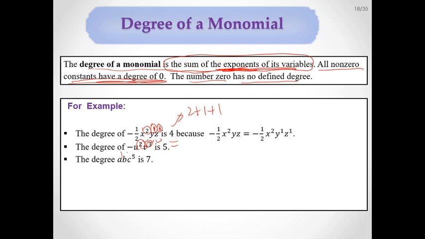Here it's 7 because 1 plus 1 plus 5. So 7. So when you look at the degree of a number, by default it's 0. Because if you put a variable next to it, you will not see the variable, you will see just 1. It's 15 multiplied by 1. So 1 can be taken as the 0th power of any variable.